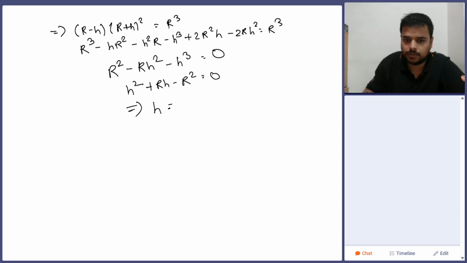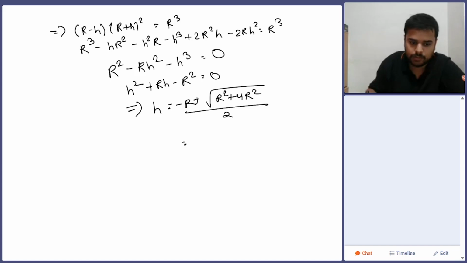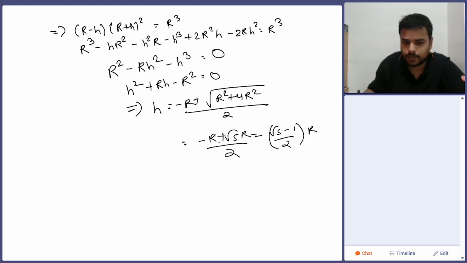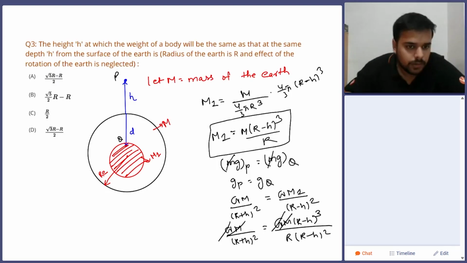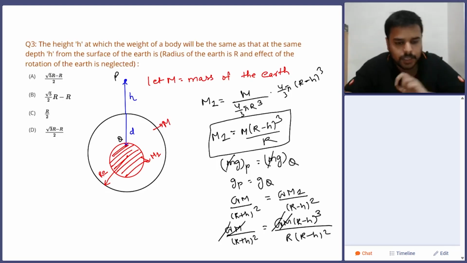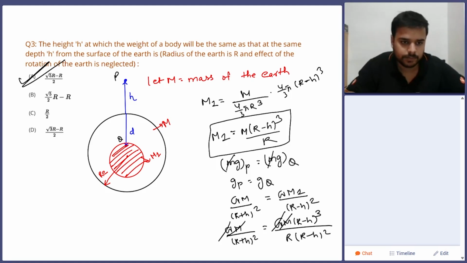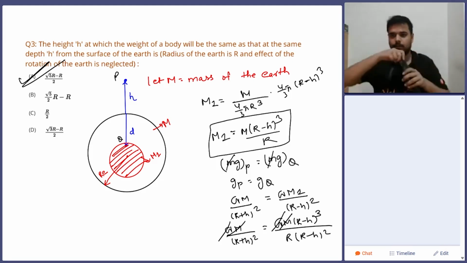So that implies h is equal to minus R plus minus under root R square plus 4R square upon 2. So this becomes minus R plus under root 5R by 2, or can be written as root 5 minus 1 by 2 into capital R. Root 5 minus 1 by 2 into capital R, I think it's option A. Option A is correct. Okay.